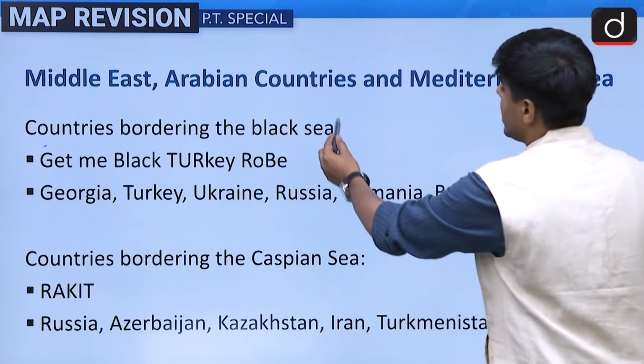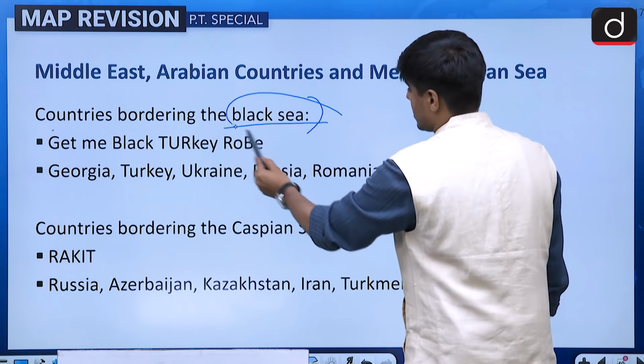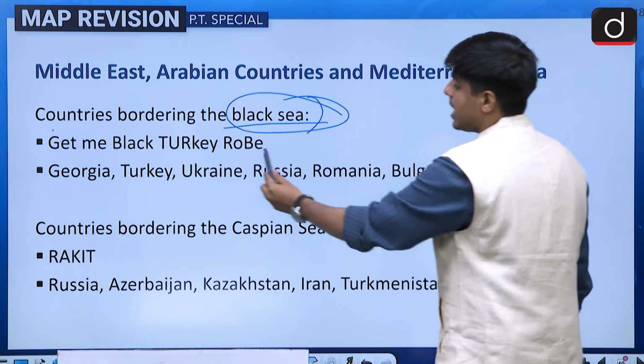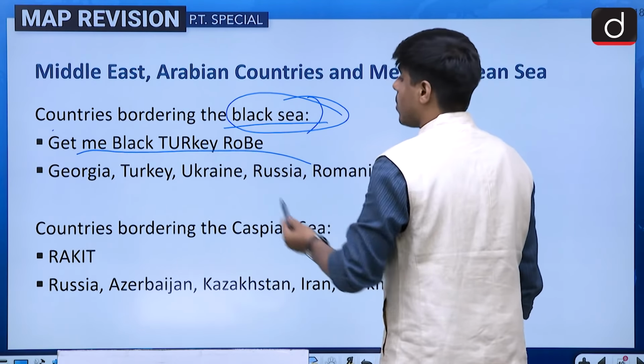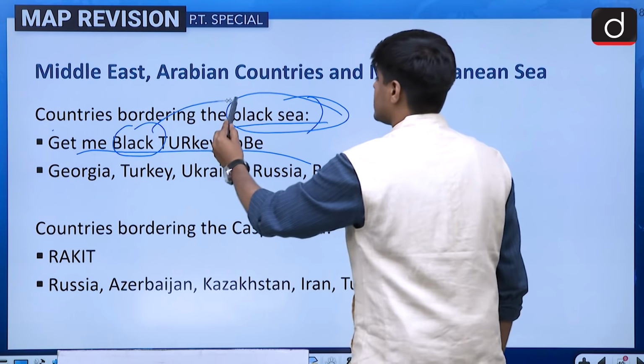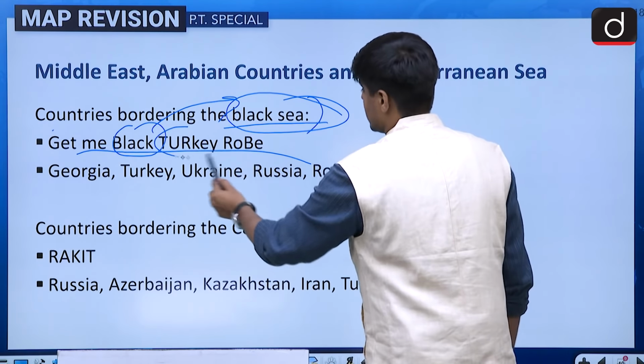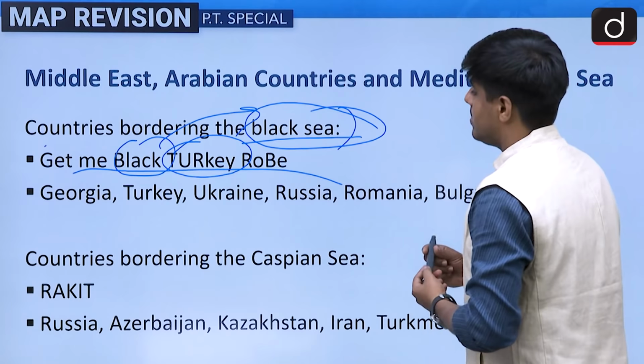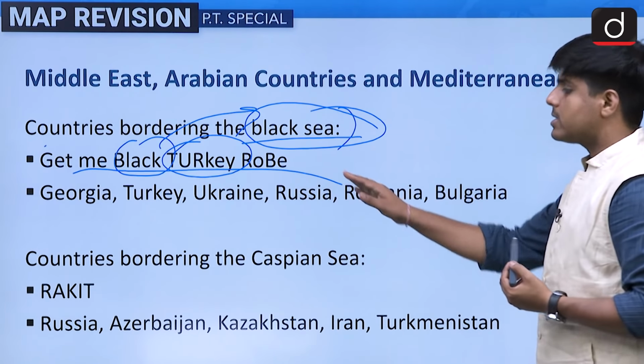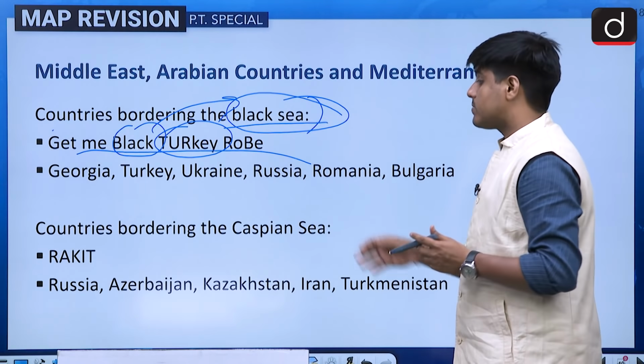Moving on further, we have a few tricks for countries bordering certain water bodies, like the Black Sea. For the Black Sea, we have "Get Me Black Turkey Robe". Black you should remember because these are the countries which are bordering the Black Sea, and Turkey because Turkey is one of those countries. Now these mnemonics are absurd, but during examinations they make a lot of sense.